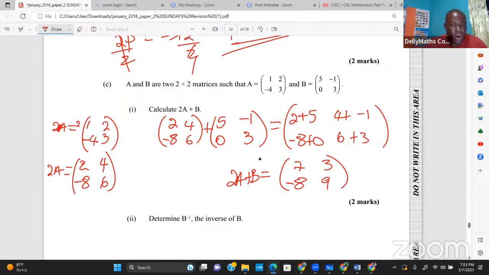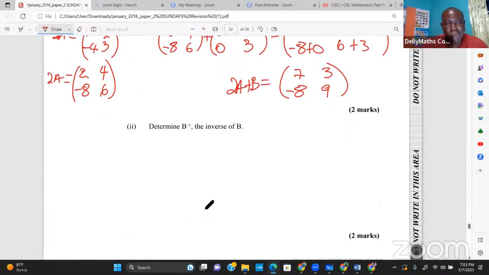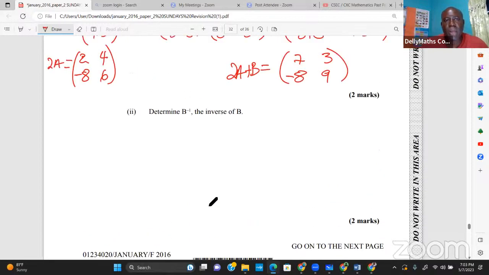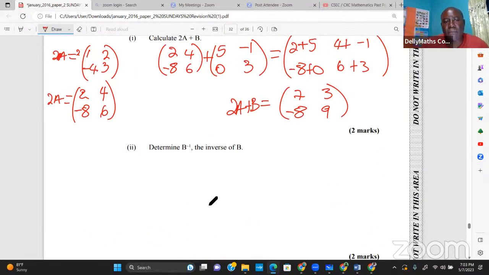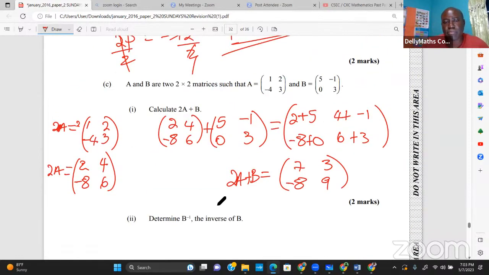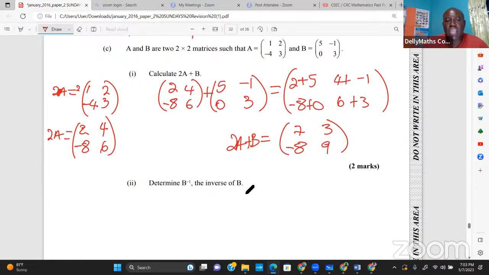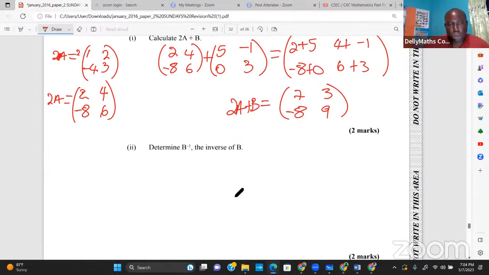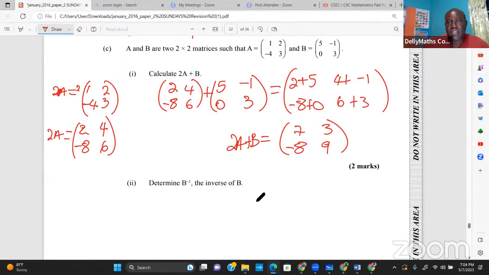All right, so we're going forward. Now they want us to find the determinant of, determining the inverse of B. Inverse. Now the inverse of B is this. Let's write the B matrix here.